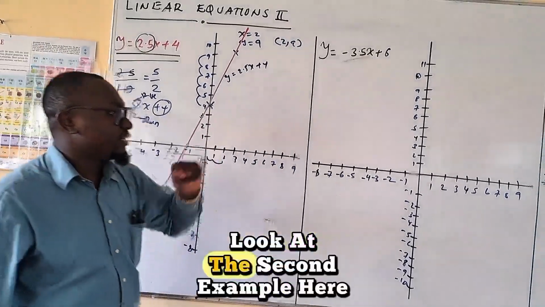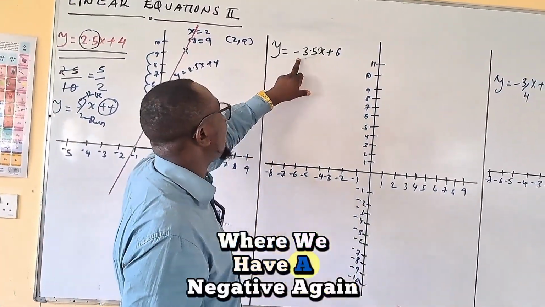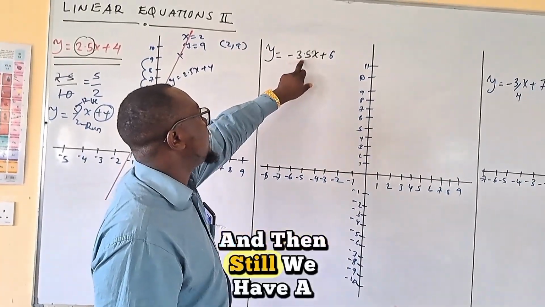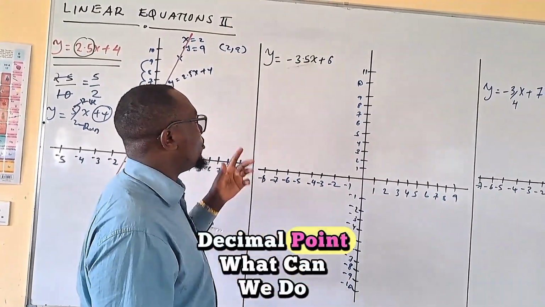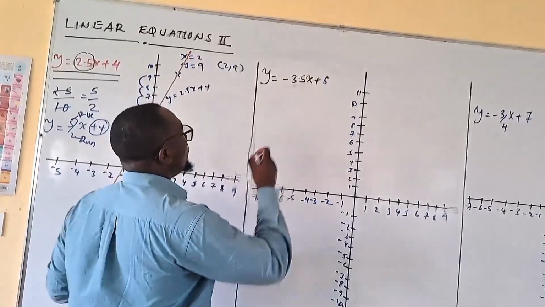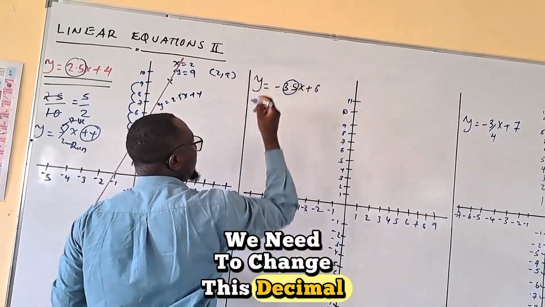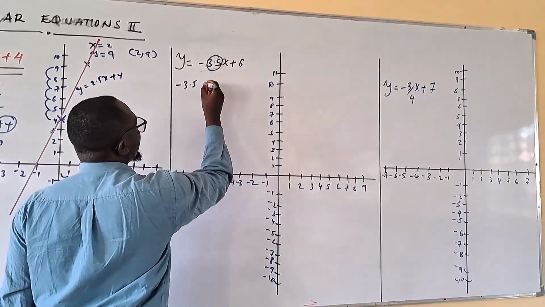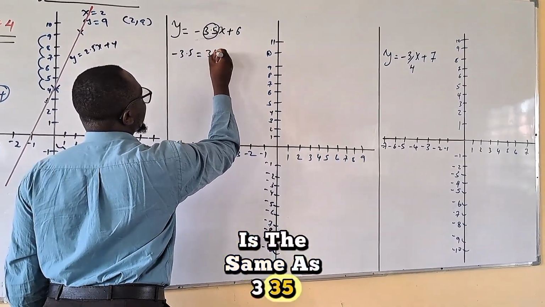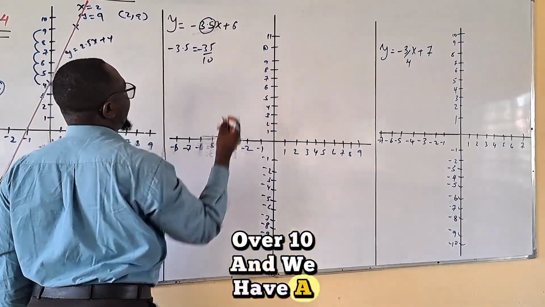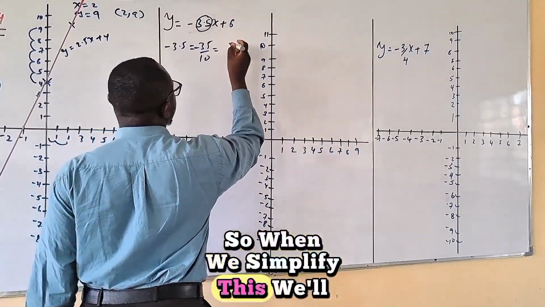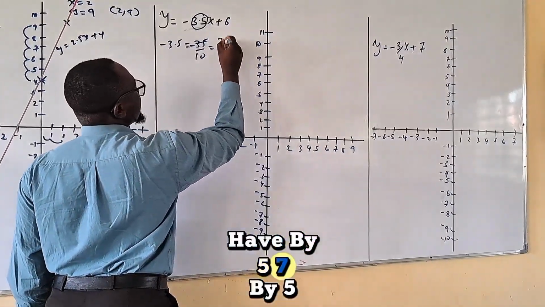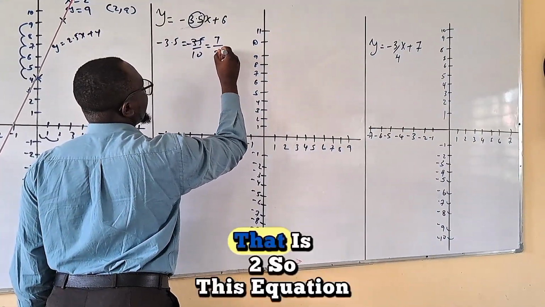Now let us look at the second example here, where we have a negative again, and then still we have a decimal point. What can we do? Step number 1, we need to change this decimal into a fraction. So negative 3.5 is the same as negative 35 over 10. When we simplify this, by 5, 7 over 2.